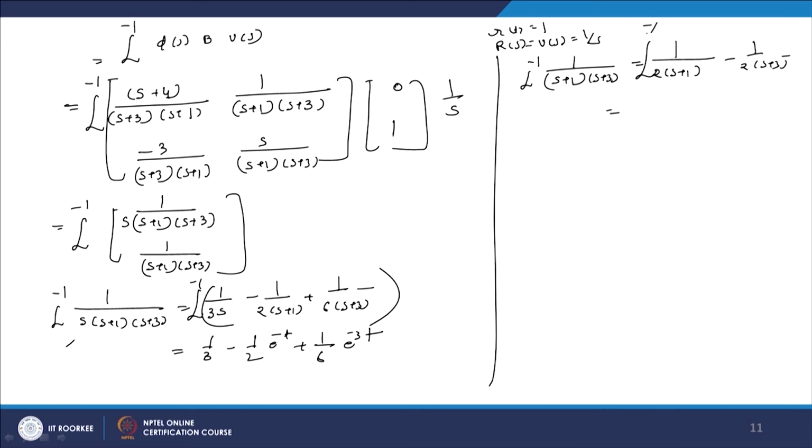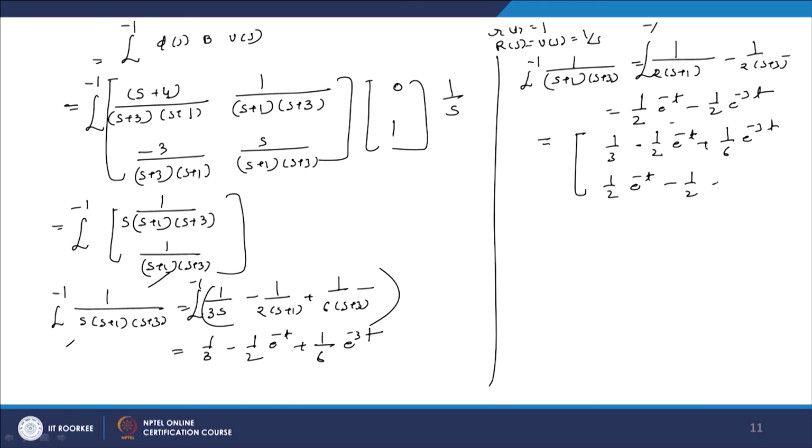So, we can get this equation as 1 by 2 e raised to minus t minus 1 by 2 e raised to minus 3t, and therefore the final equation becomes 1 by 3 minus 1 by 2 e raised to minus t plus 1 by 6 e raised to minus 3t, and for this other portion we got 1 by 2 e raised to minus t minus 1 by 2 e raised to minus 3t.